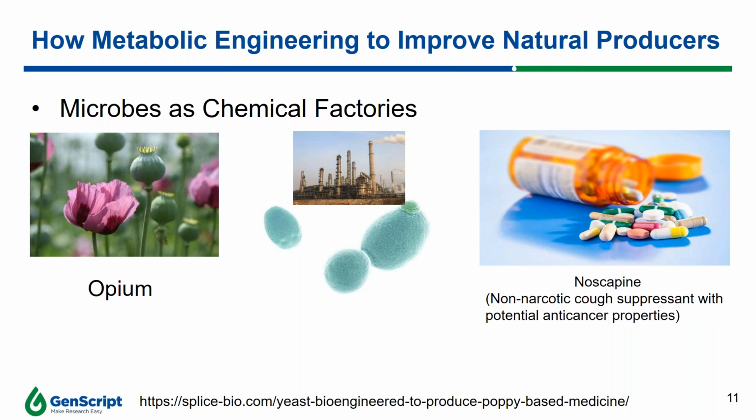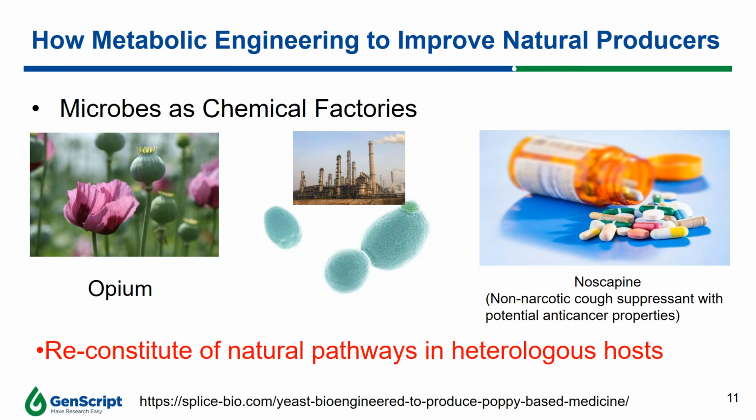Additionally, the researchers modified the genes and the mediums in which the yeast proliferate, resulting in a massive production increase at 18,000-fold. This classic example demonstrated that through the bioengineering approach, it allowed us to reconstitute the natural pathways in heterologous hosts, or hosts that do not naturally contain the pathway, and produce the products economically.